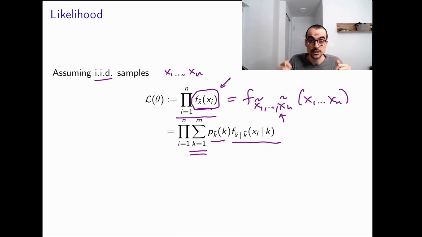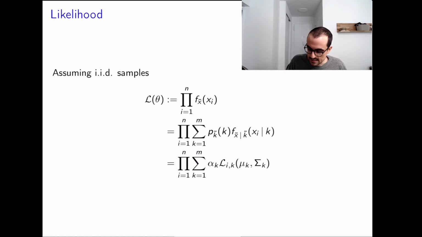The only difference here is that we don't know k, but that's okay because we are summing over it here. As we will see, it's okay. This is a little bit up for debate because now we have this function here. This is the likelihood that we would want to maximize with respect to these parameters.